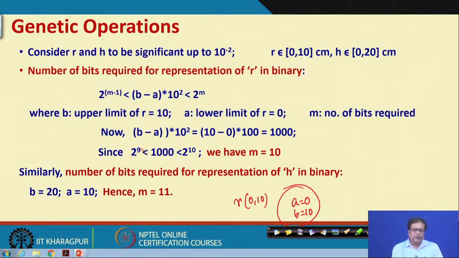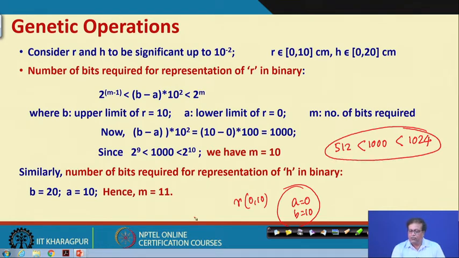We know that 2 to the power 9 is 512 and 2 to the power 10 is 1024, and within that 1000 lies. So, because we want 2 digit accuracy, we should represent 1000 different combinations.